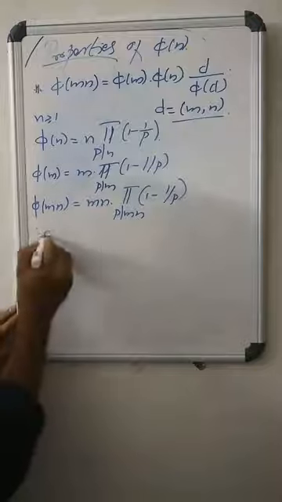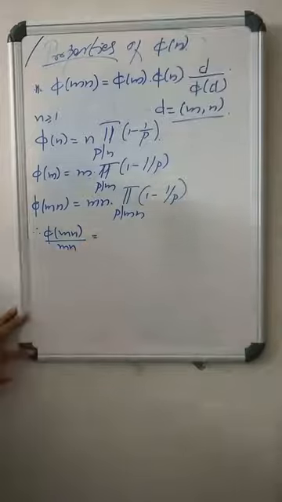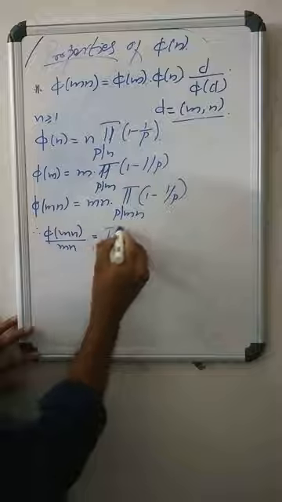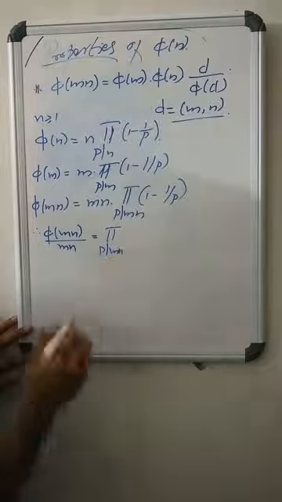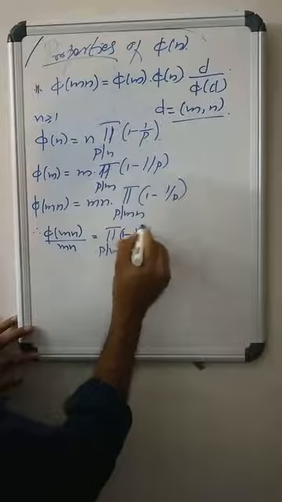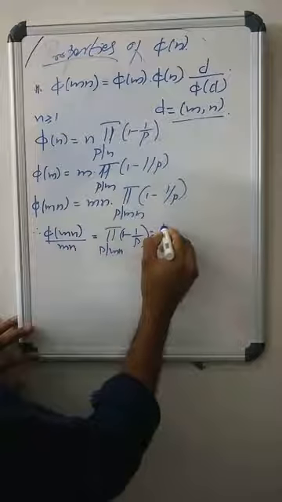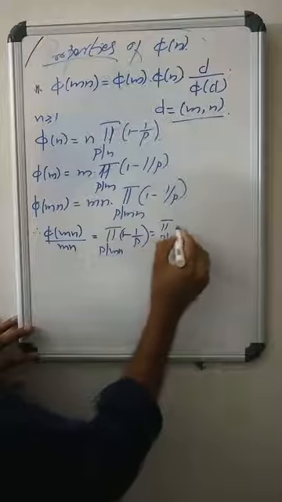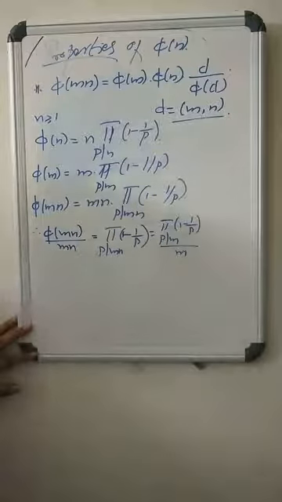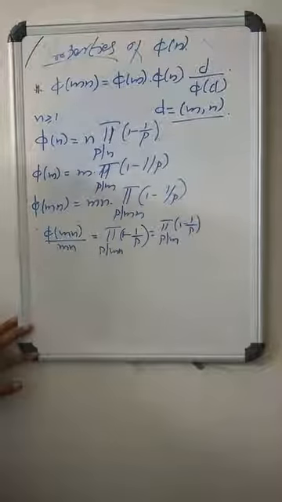Therefore, by using that argument, what about phi of mn by mn? From the product formula it is the product over p dividing mn of (1 minus 1 by p). That equals the product over p dividing m of (1 minus 1 by p), into the product over p dividing n of (1 minus 1 by p), all divided by the product over p dividing the GCD of m and n of (1 minus 1 by p).